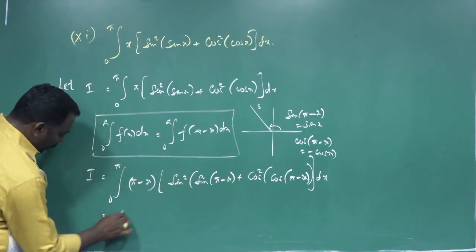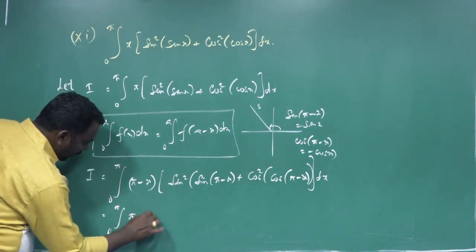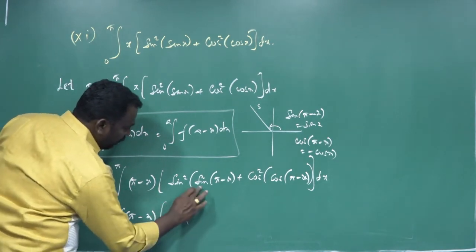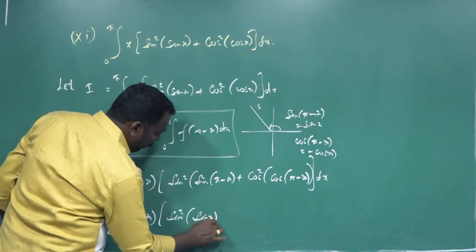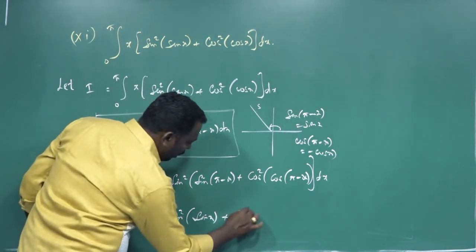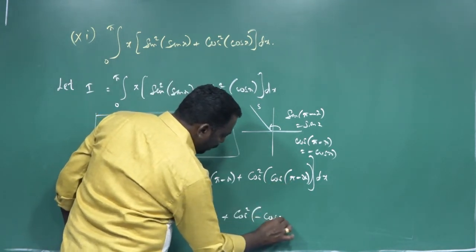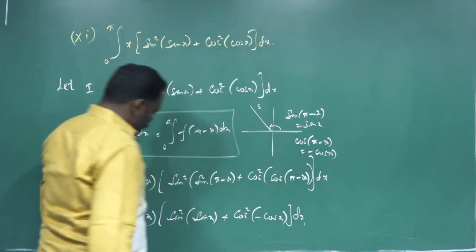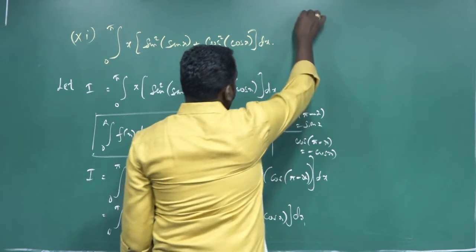Now therefore that is equal to integral 0 to pi of pi minus x as it is, within the bracket, sine square of sin x, plus cos square of minus cos x, into dx. Now take the square inside the bracket.